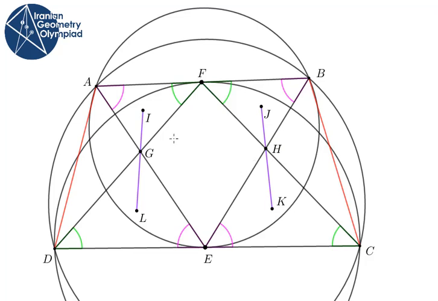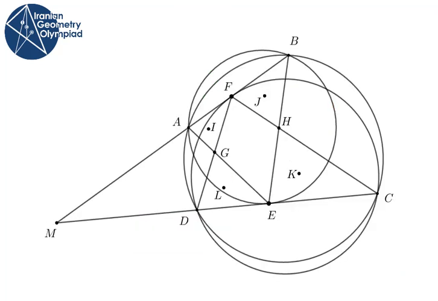Now, because these two triangles are congruent, IG equals JH. Similarly, JL equals HK. So IJKL is an isosceles trapezoid, so it's cyclic. And if AB is parallel to DC, we prove this problem.